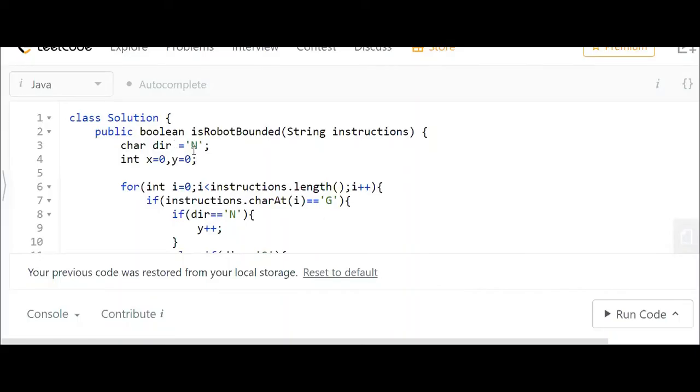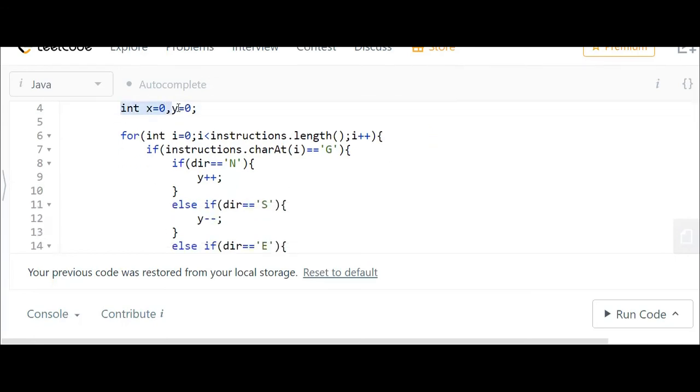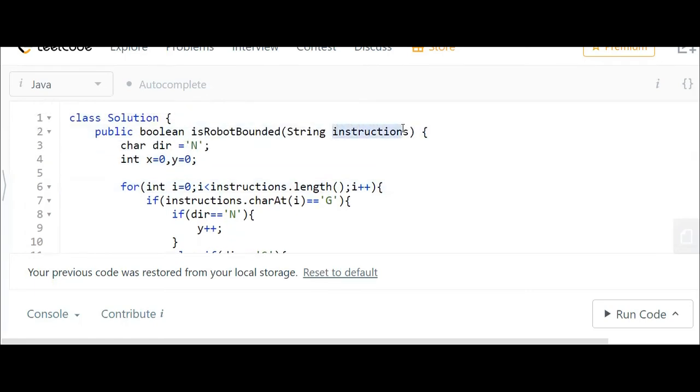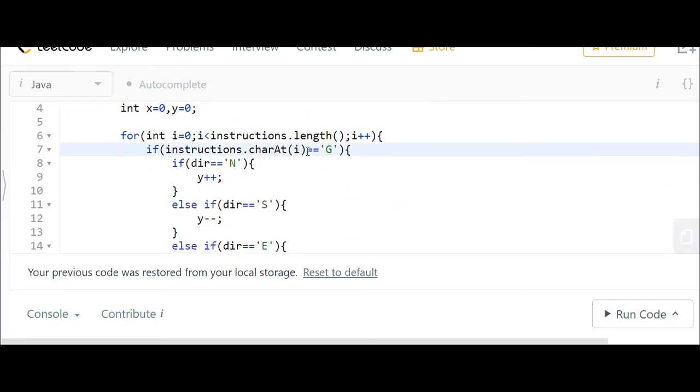Okay, so this is our code. As I mentioned earlier, firstly we assign one character value, meaning the direction, to north. Then we assign the x and y values. Next, I have found the length of this particular instruction string, and I iterate through that complete instruction, fetching one character at a time by using charAt(i).